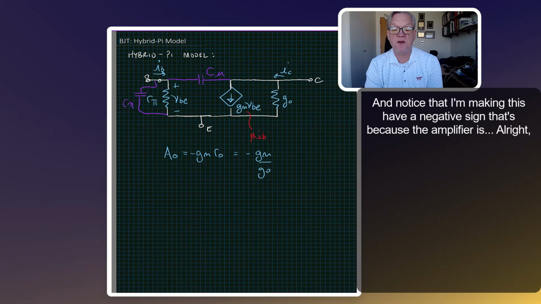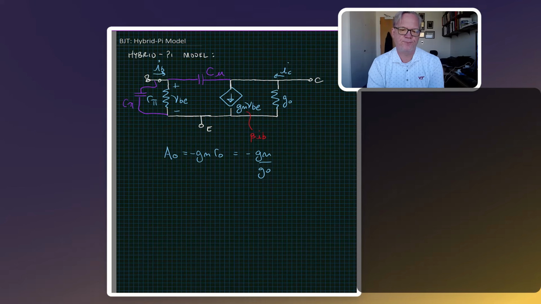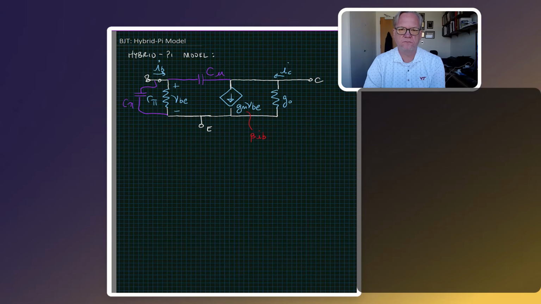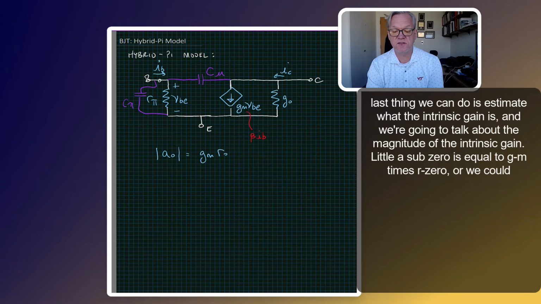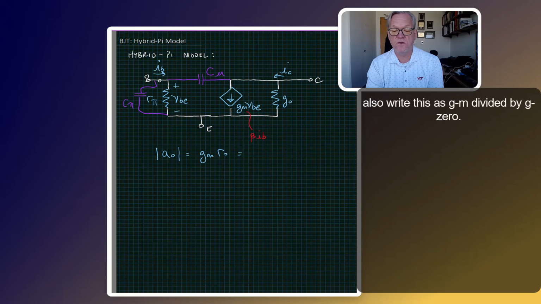And notice that I'm making this have a negative sign, because the amplifier is inverting. All right, and one last thing we can do is estimate what the intrinsic gain is. And we're going to talk about the magnitude of the intrinsic gain. Little a sub 0 is equal to GM times RO, or we could also write this as GM divided by GO.